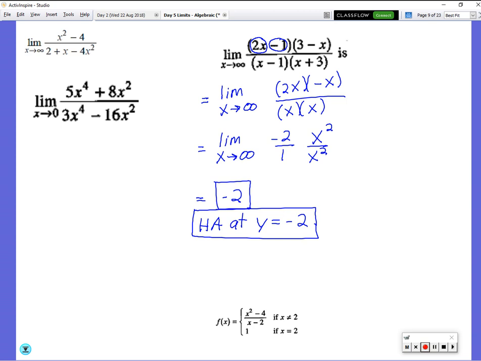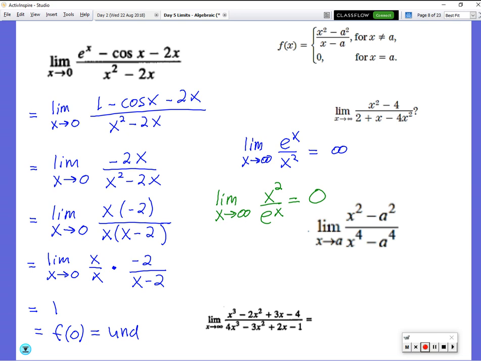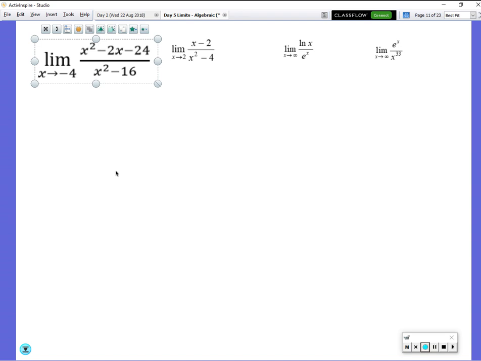Let's do this one right here. Write that down. So the limit as x approaches negative 4.